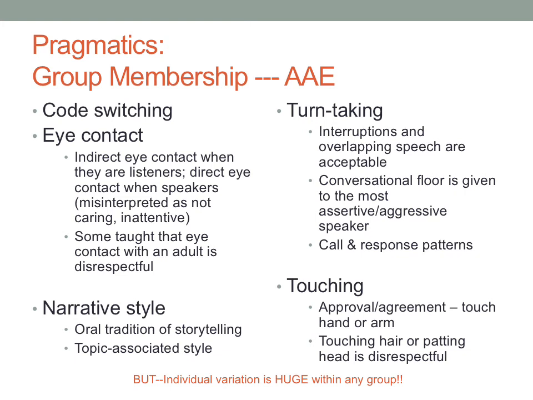So the risk here is that I've told you these characteristics and now you're going to believe that they're true about everyone who's black. And that's not true, right? There's huge individual variation.